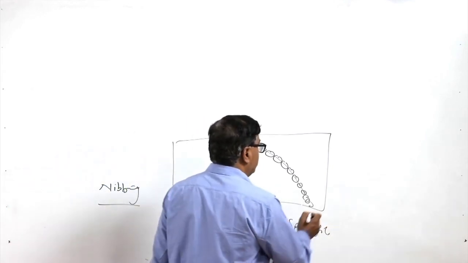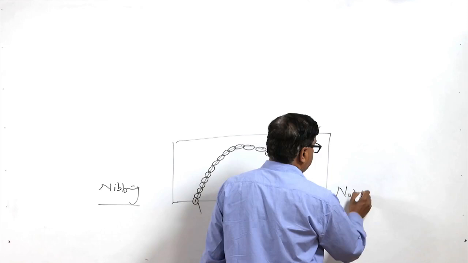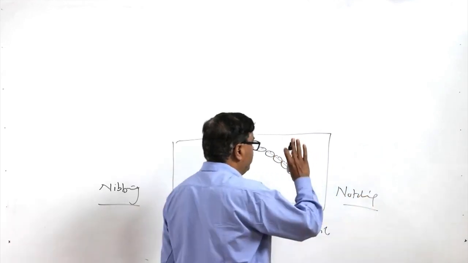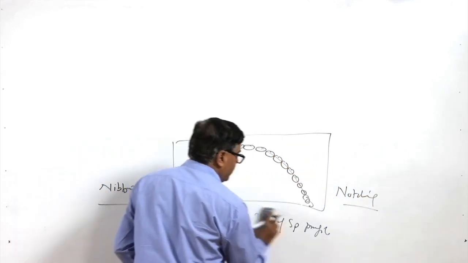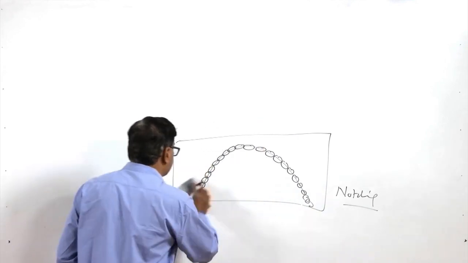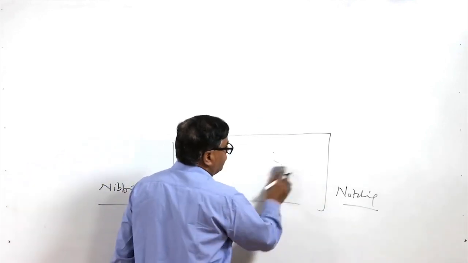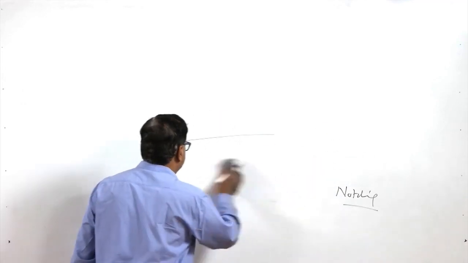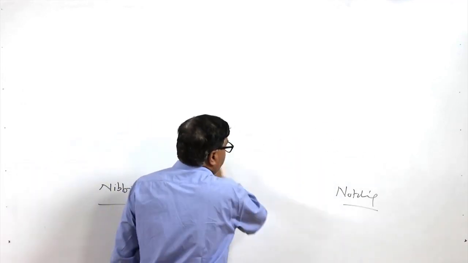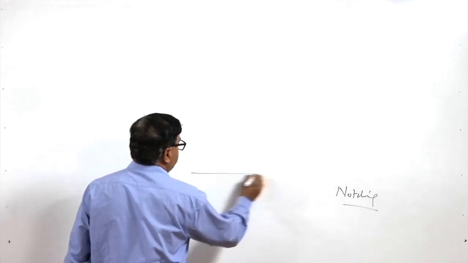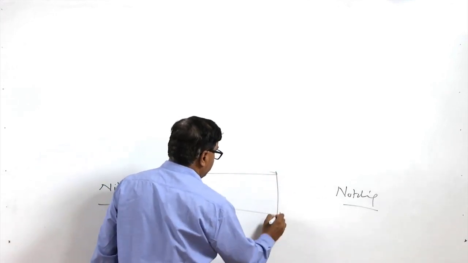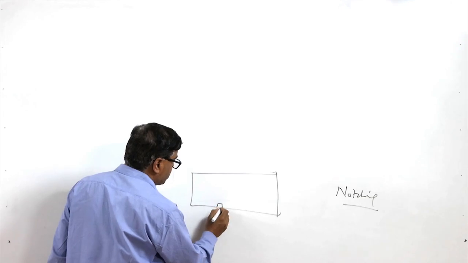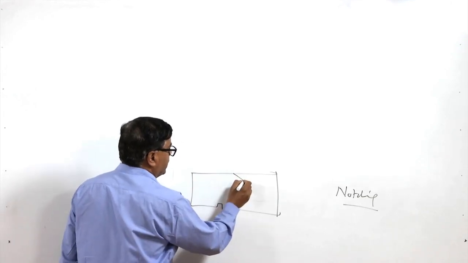In case of notching, notching is about removal of material from the sides, and this is primarily used to facilitate the folding and bending of the sheet metal. If a particular strip is to be folded, then we make a very small cut at the side like this.